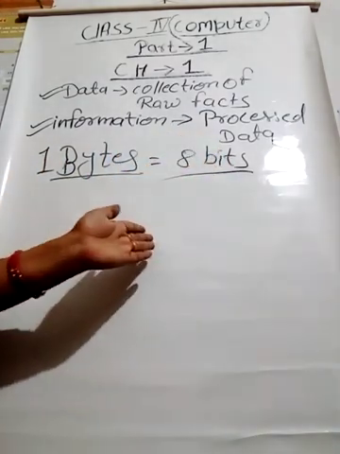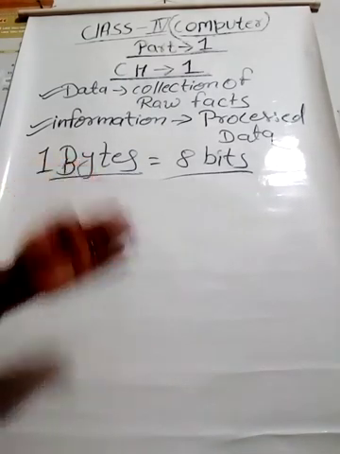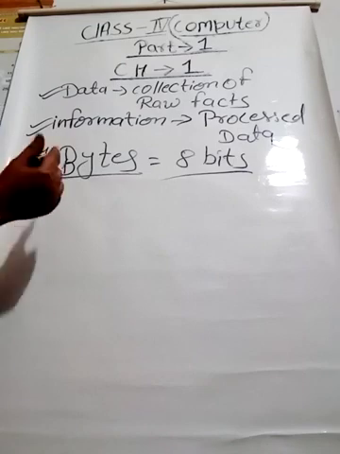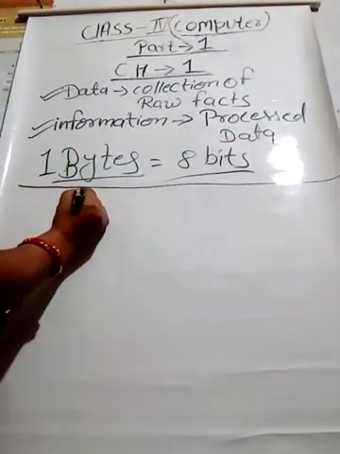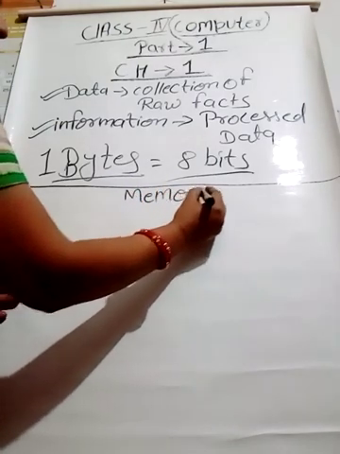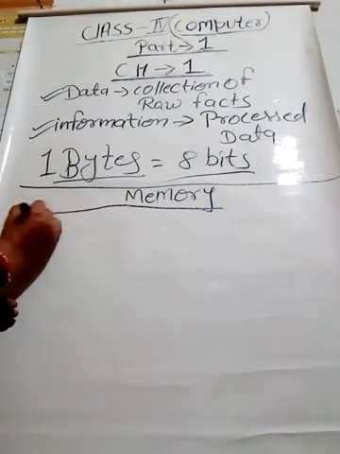One table is given there, you have to learn this table by yourself. Again, if you look in your book, the classification of memory is given there. So the next topic is classification of memory.